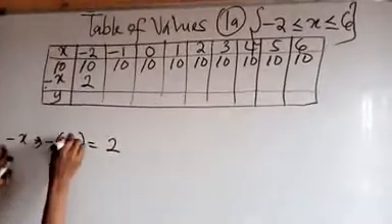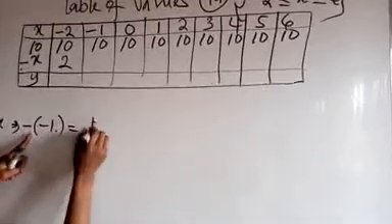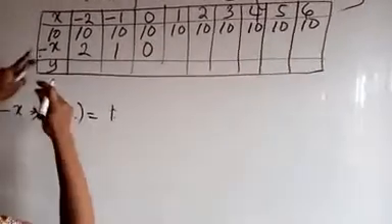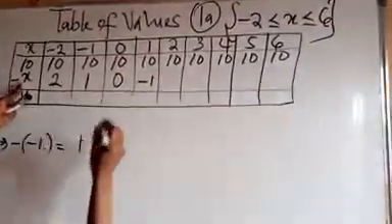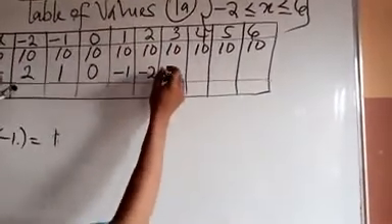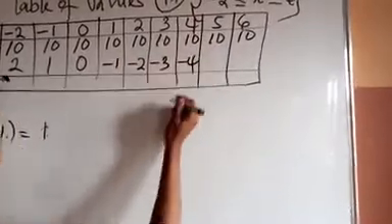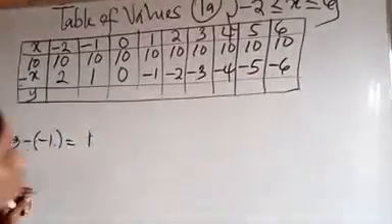You have -1. Minus times minus is plus. You have +1. So we continue that way. You are having 0 here. When x is 1, minus x is -1. When x is 2, minus x is -2. When x is 3, you have -3. When x is 4, you have -4. When x is 5, you have -5 and -6.